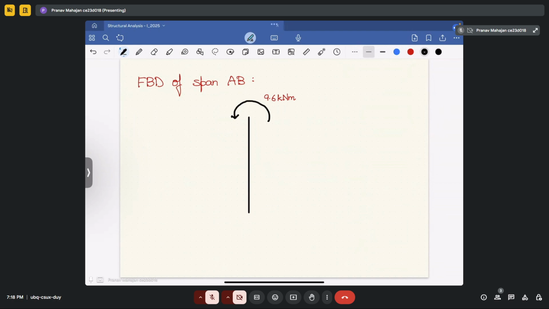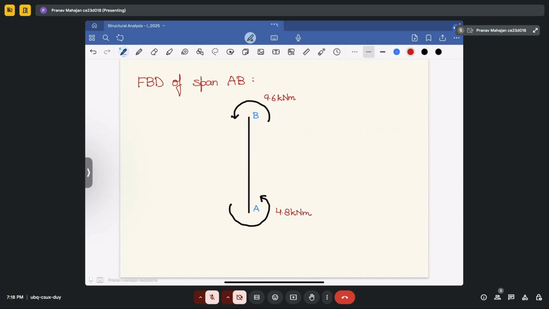Similarly, at end A you have got the value minus 4.8 kilonewton meter, so that will also be an anti-clockwise moment. Let's draw it anti-clockwise, and its value is 4.8 kilonewton meter.